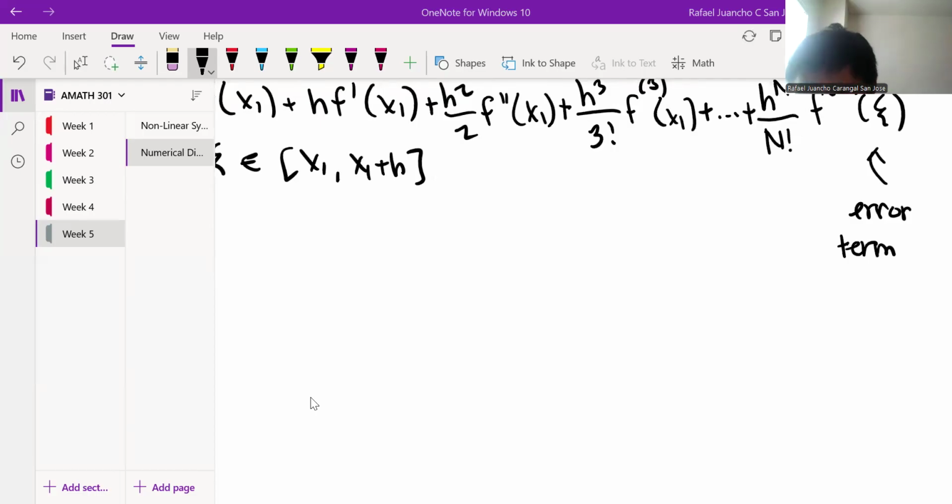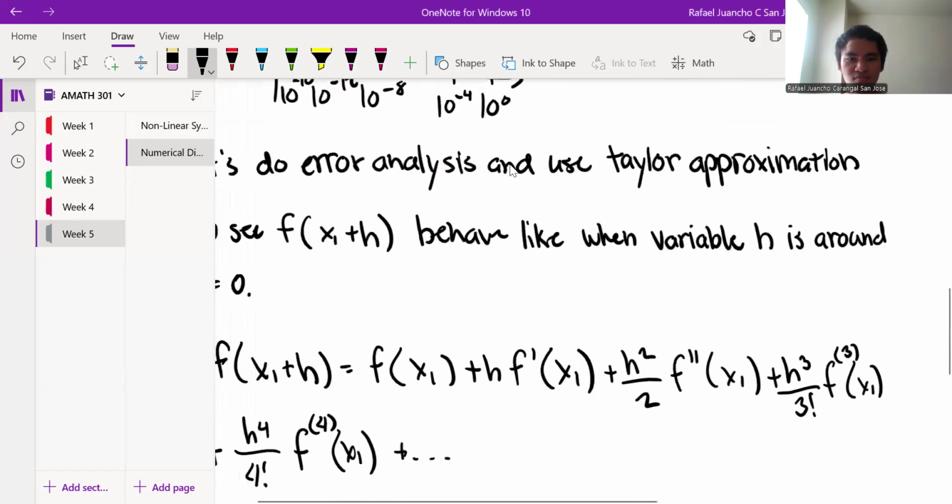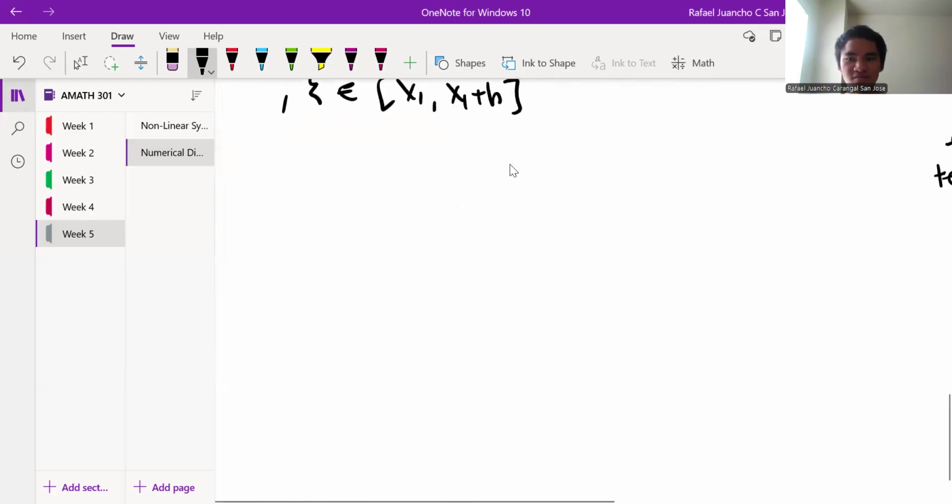Okay, now I can't read. f smooth. Okay, it's an error term. Anyway, so we have that, and then we basically fill it in. So here we're gonna fill everything in.